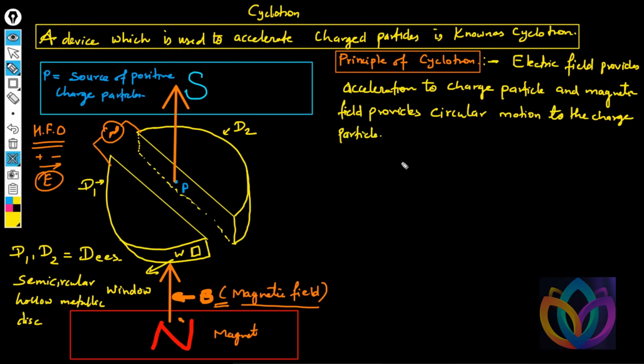Now, apart from that, we have seen that frequency is independent of the velocity. The angular frequency is QB upon M. This angular frequency is independent of the velocity and time period.